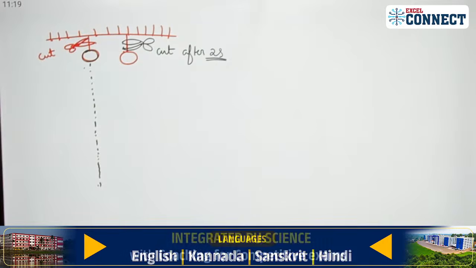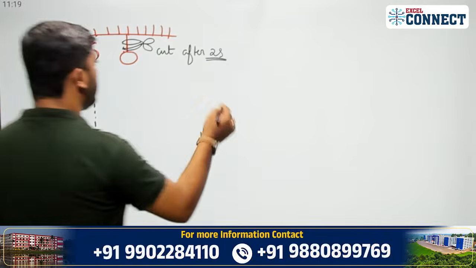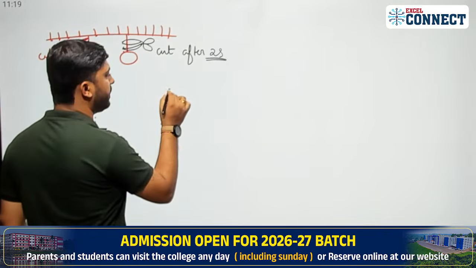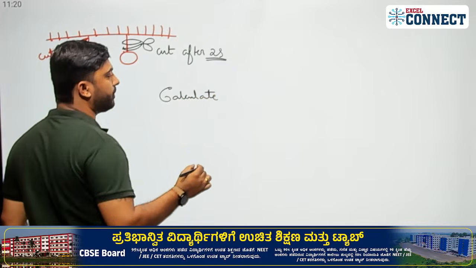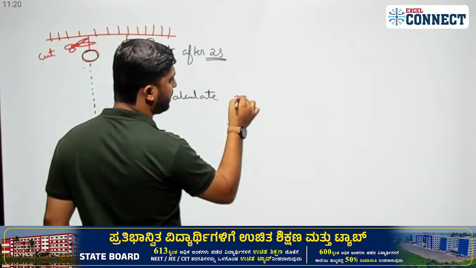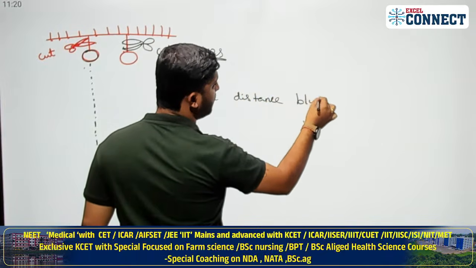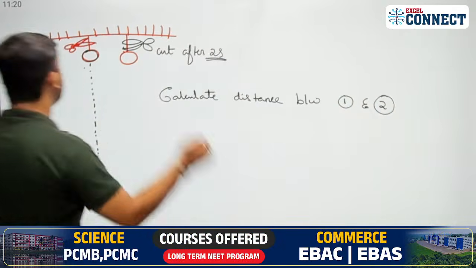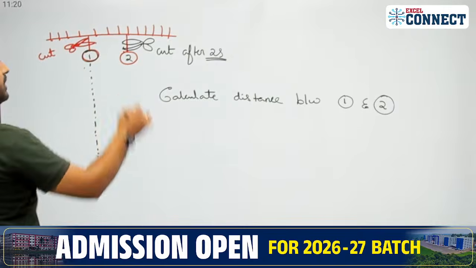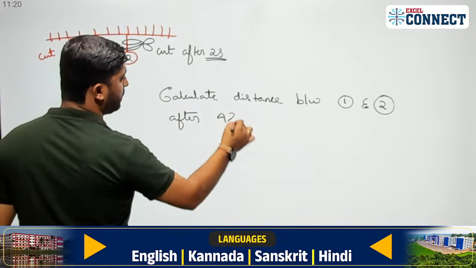The second thread is cut after 2 seconds. So, you have to calculate the distance between the first object and the second object after 4 seconds.